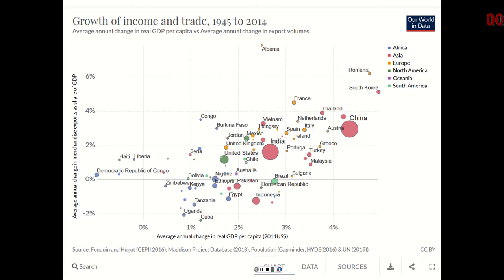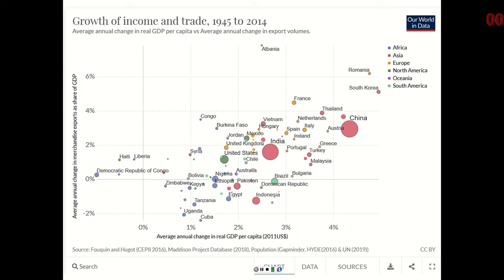looking at international trade. And so the reason why we indicated that understanding international trade is important is because there is a lot of evidence that those countries that trade more tend to grow faster as well.